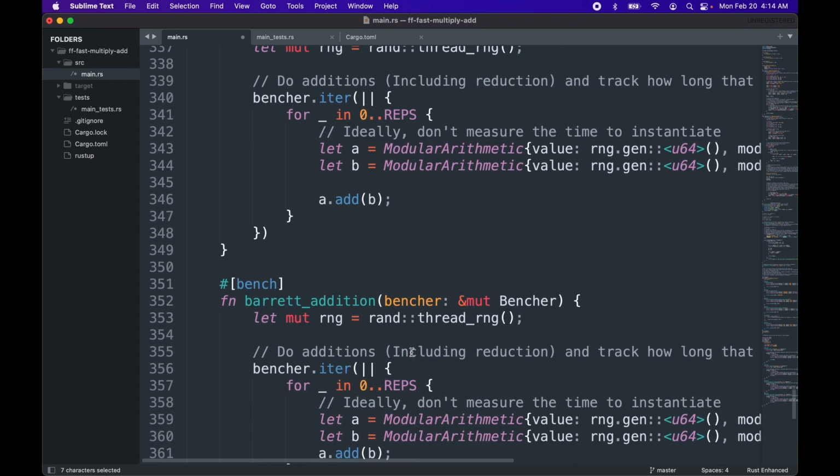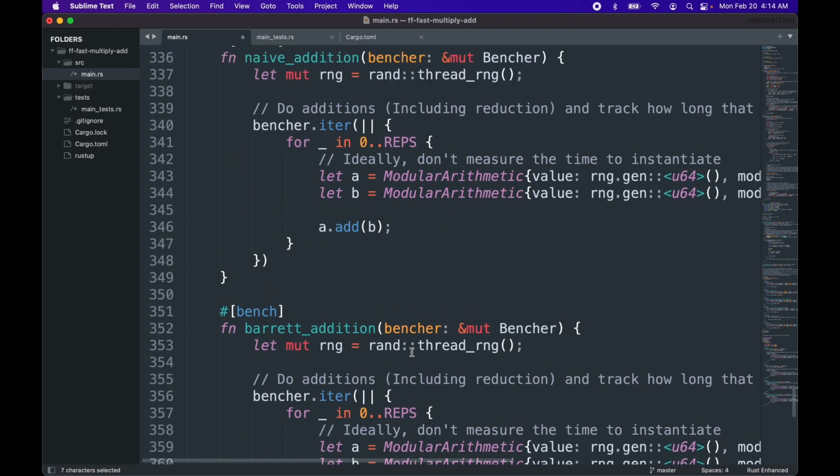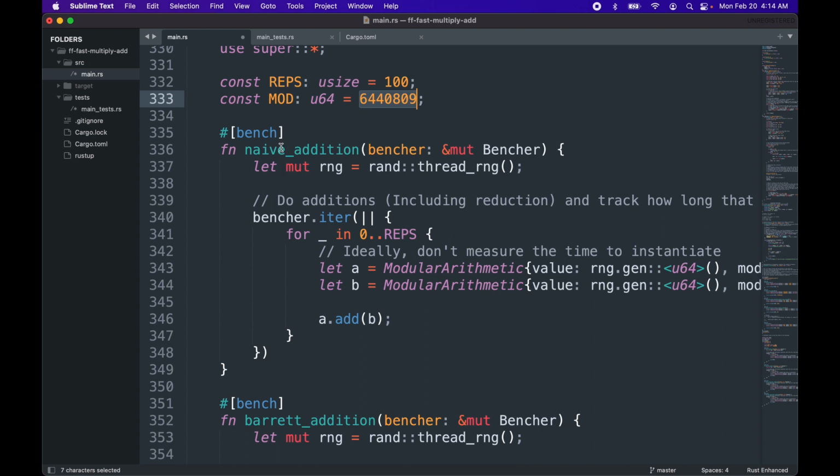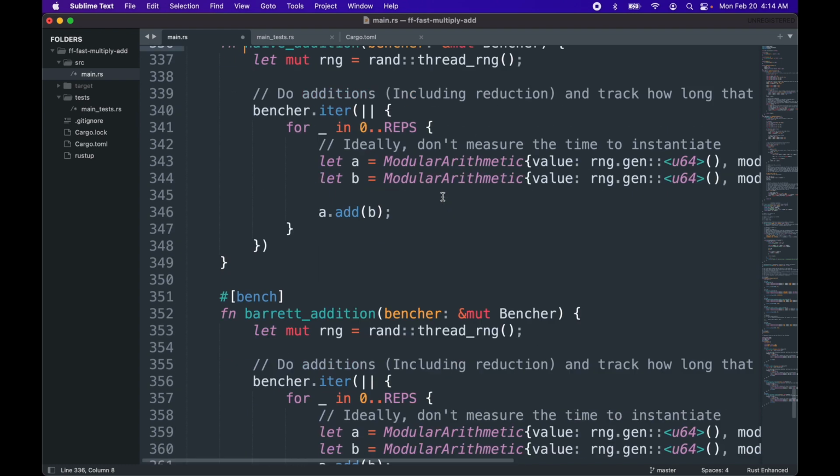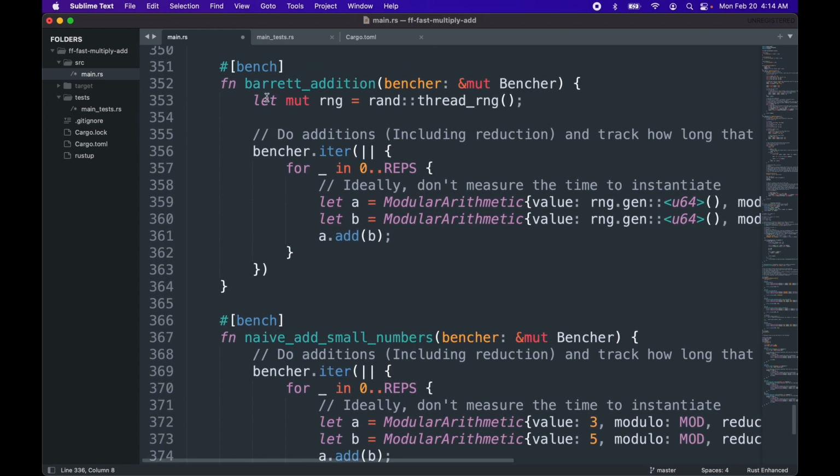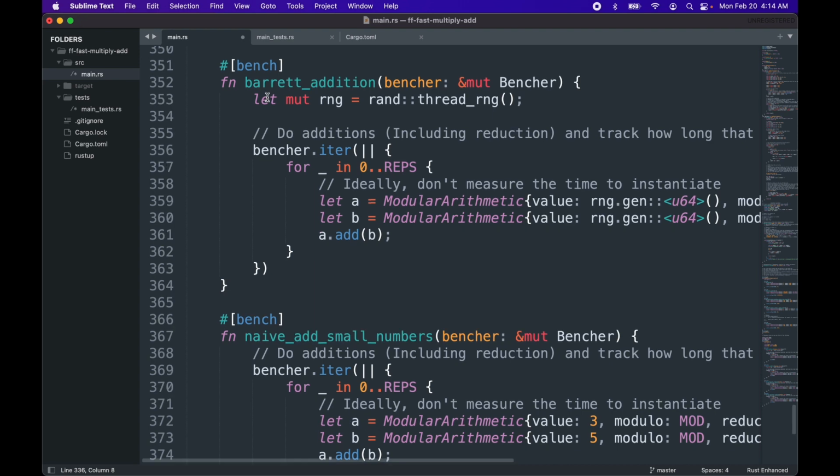And I have slightly disappointing results, but first let's break out into what things we are benchmarking. So naive addition, we are adding using a naive reduction function, and we're doing this repeatedly. And then you have Barrett addition, which uses a different form of reduction.